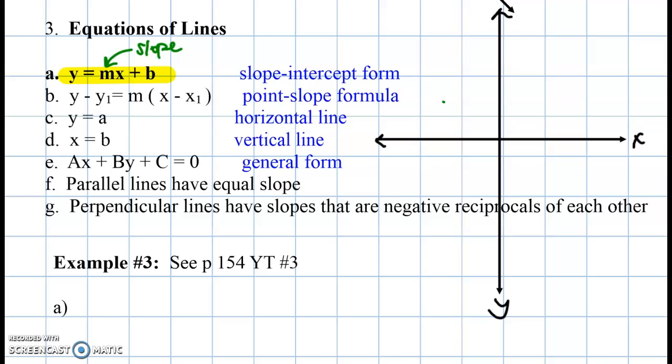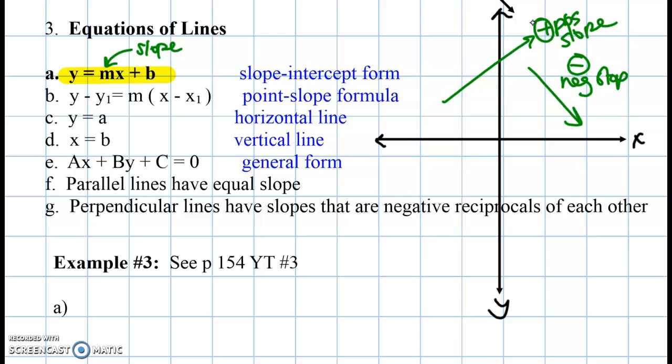If the line is going up, it has a positive slope. And if the line is pointing downward, left to right, it has a negative slope. The b represents the y-intercept, the place where this line crosses the y-axis.